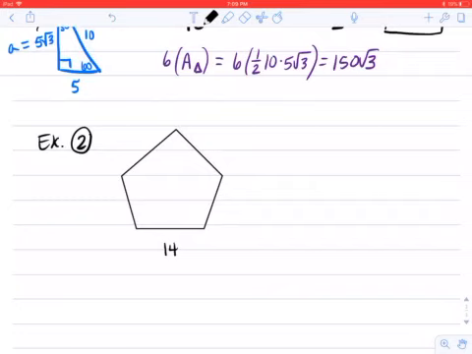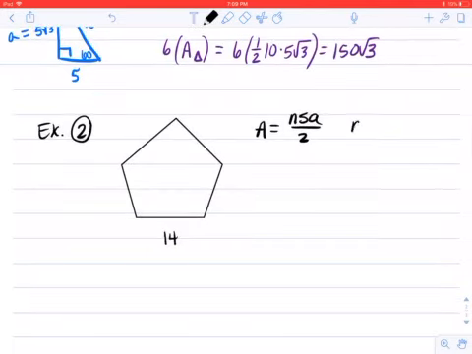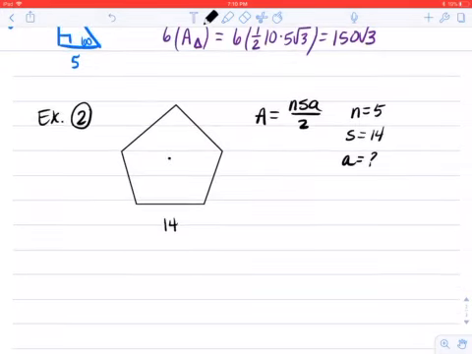So, find the area of this pentagon, NSA over 2. Or you can do the AP over 2, whatever. So my number of sides, 5. Side length, 14. Apothem, unknown. So what do we have to do? Same process.